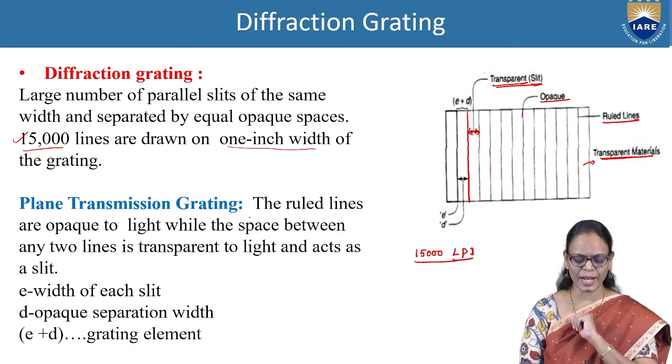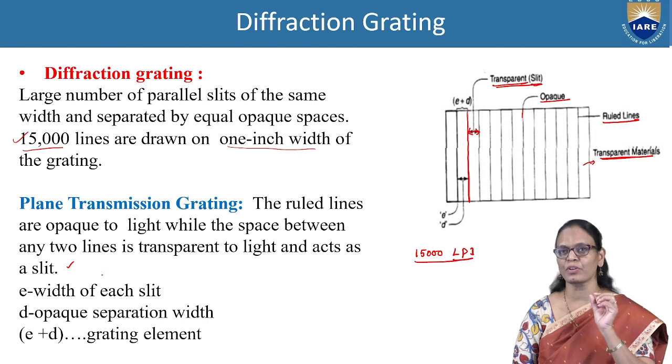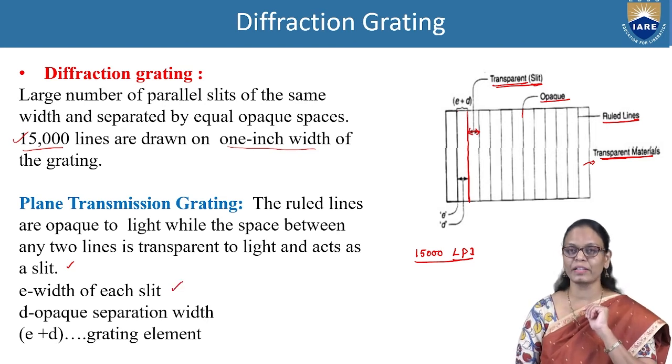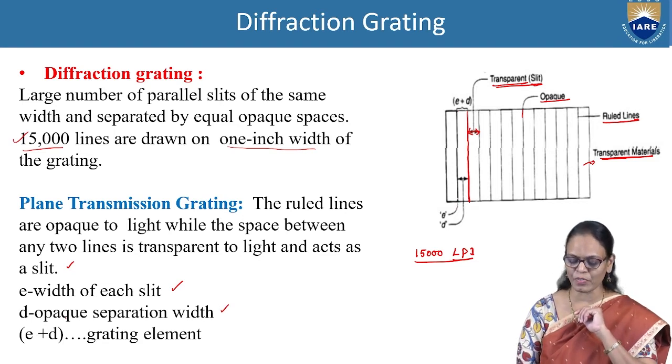Now, the ruled lines are opaque to light while the space between any two lines is transparent and will act as a slit. So how do we measure the width of the slit now? e is the width of each slit and d is the opaque separation between them. So here, this is the slit, this is the line that we have drawn, the width is e and the distance between the two we have taken as d.